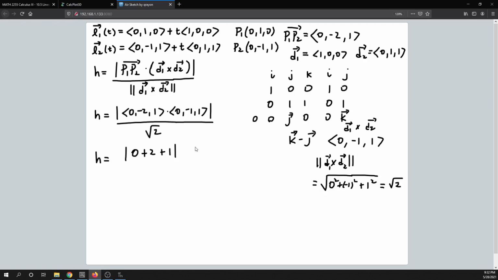And then all that divided by square root 2. So we get 3 over square root 2. And that is the distance between the two lines.